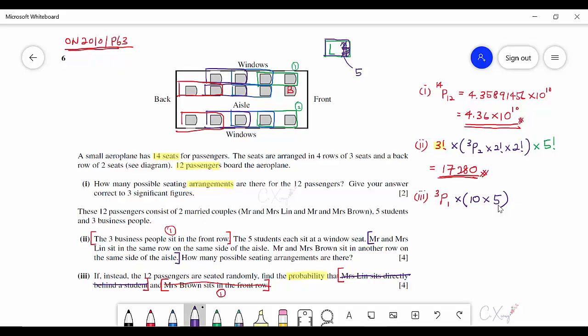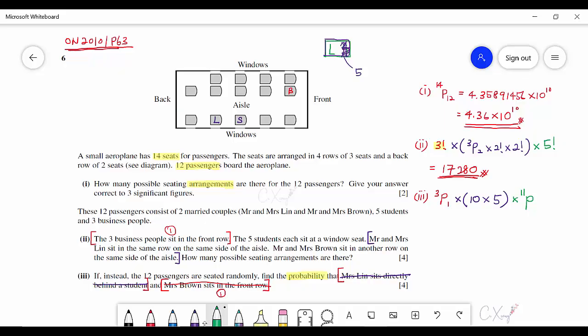Now we arrange the remaining passengers. Assume that I already put Mrs. Brown here, and Mrs. Lin and the student here anywhere. How many empty spaces do I still have? I still have 11 empty spaces. And how many passengers do I still need to arrange randomly?